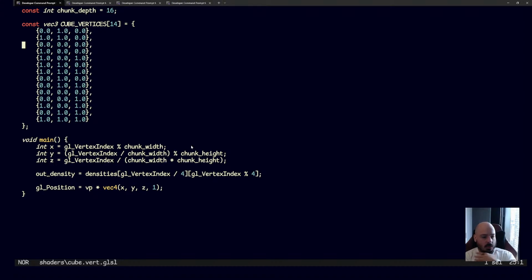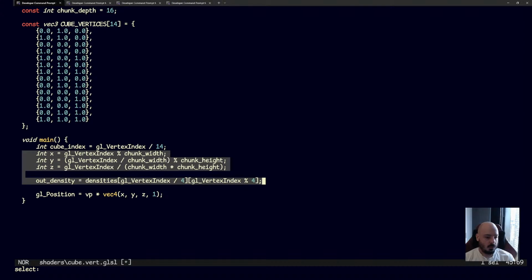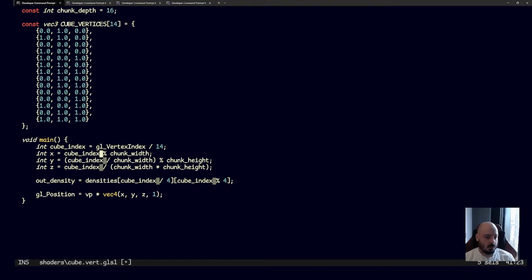I think that might work. Let's see. So if we do like cube index divided by 14, because it's 14 vertices per cube, and then we change all of this to cube index.